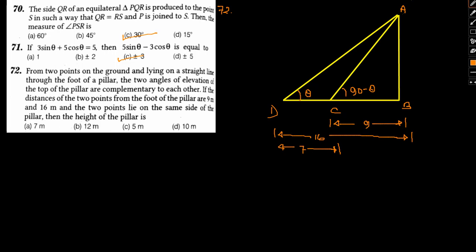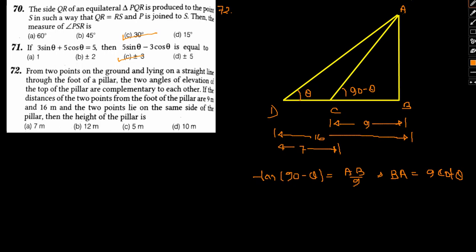So this is what we have. What we need to find is basically the height of the pillar. So here tan (90 minus theta) can be written as AB by BC, and BC is 9, we know. So tan (90 minus theta) is cot theta, therefore AB is 9 cot theta.